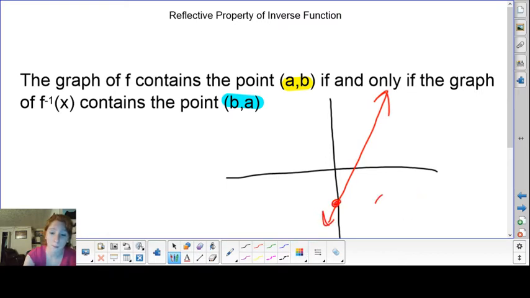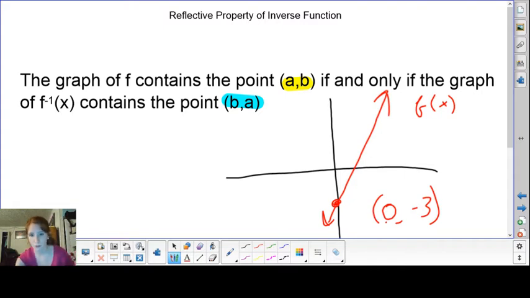Same point there, but it's 0, -3. And that's my f of x. Then in a different color, pink's too close, my g of x, or my f to the negative first, or the inverse, has to hit at 0, -3.